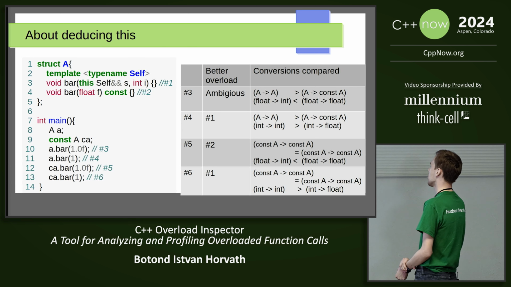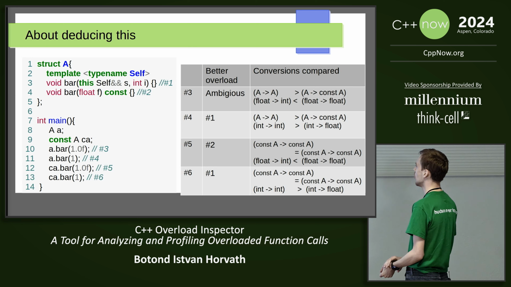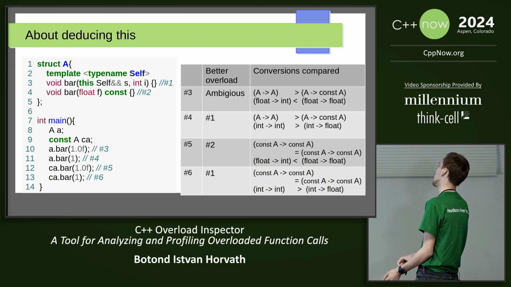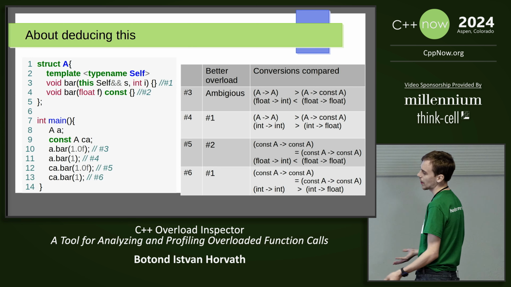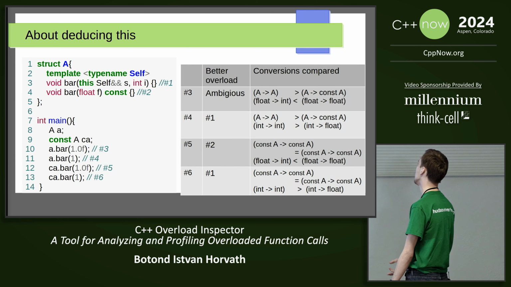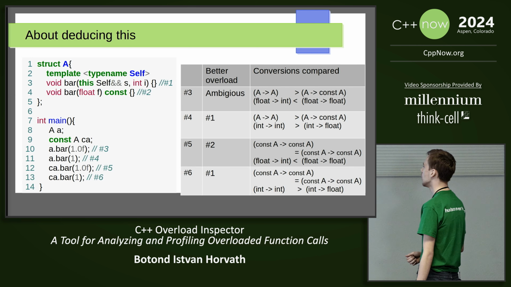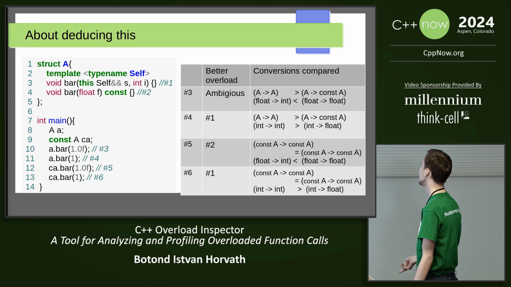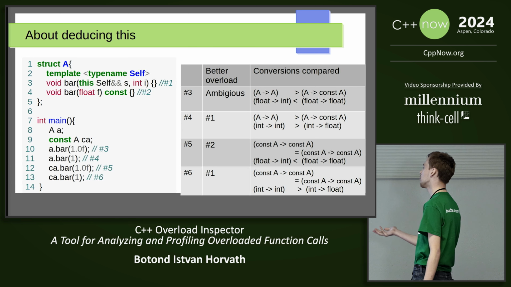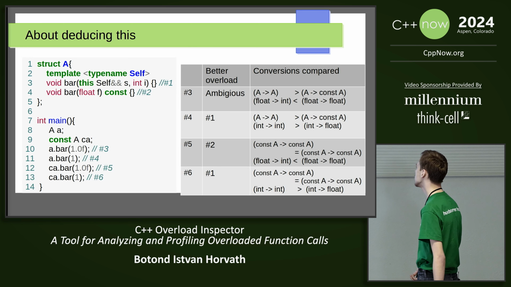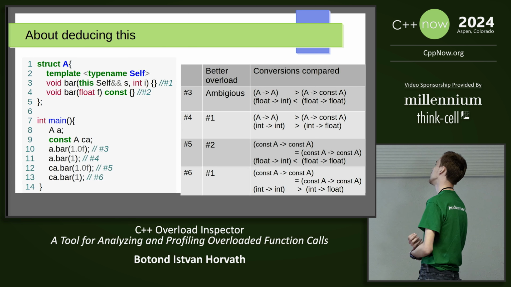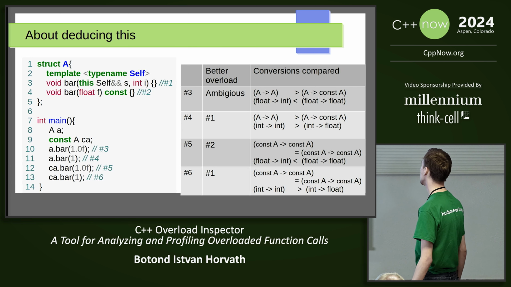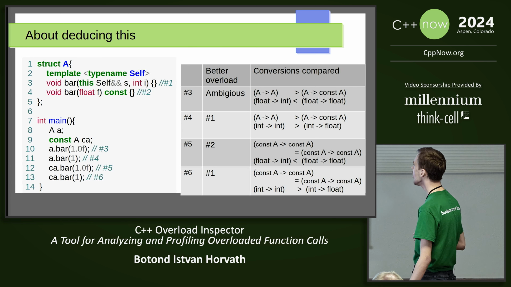Therefore the object parameter's conversion is better for the first case, but for the second case, the float-to-float conversion, where we don't have to do anything, is better than the float-to-integer conversion. These are not outputs of my tool, but my tool outputs these comparisons about the conversions. The other overloads result as we expected them, so I will not go into details about them.